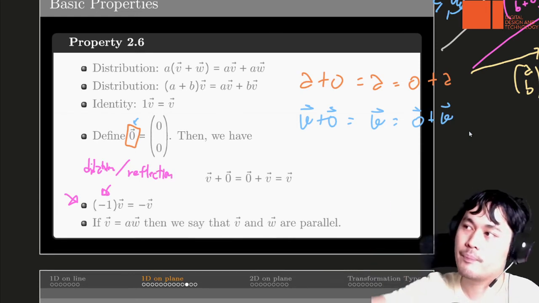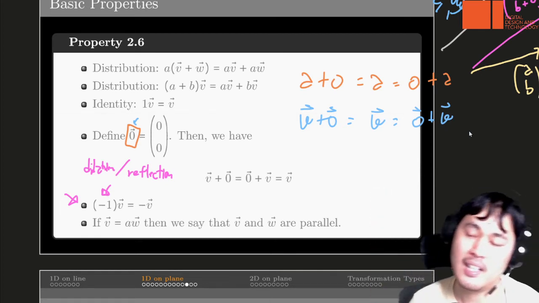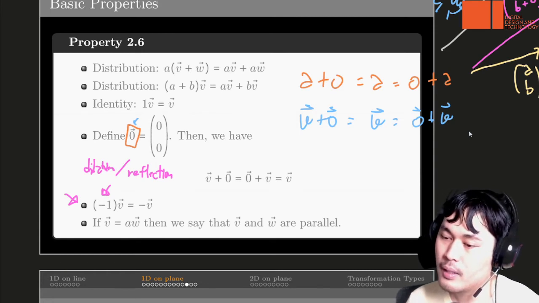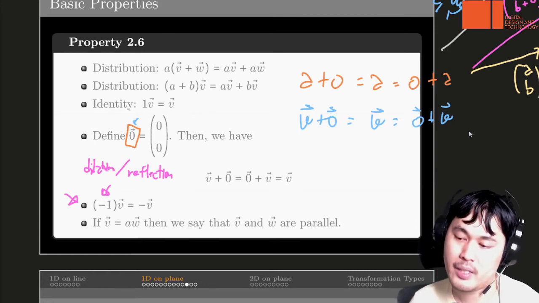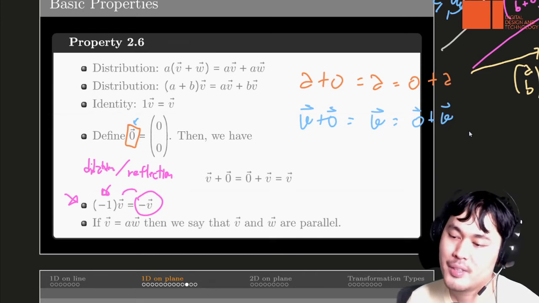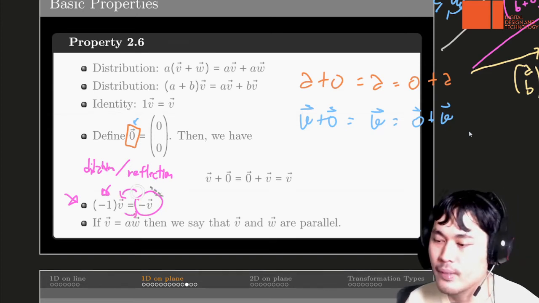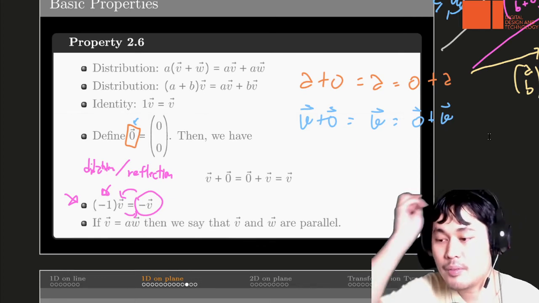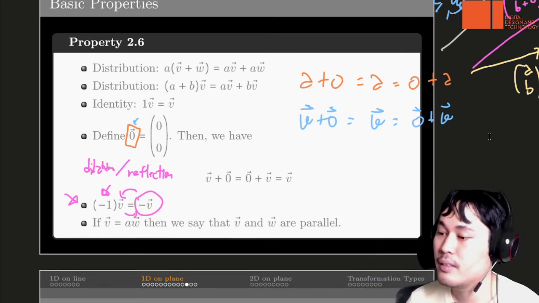So you go from a line to another line that goes in the reverse direction. You can think of v times -1 as -v, and vice versa. And if you go back and forth, that's going to help you in determining stuff.